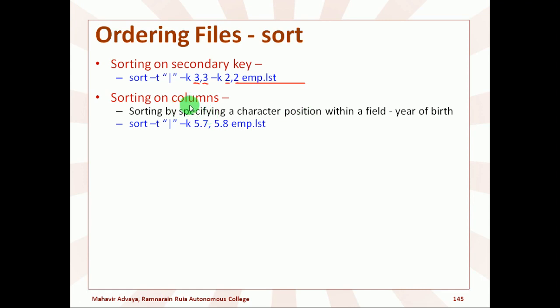Then sorting on columns, again you can have sorting within the column on different fields, and within the column you can have sort between the letters. So now here are examples 5.7 and 5.8.